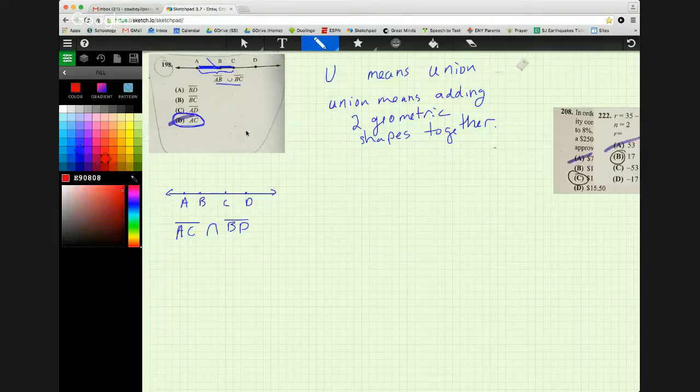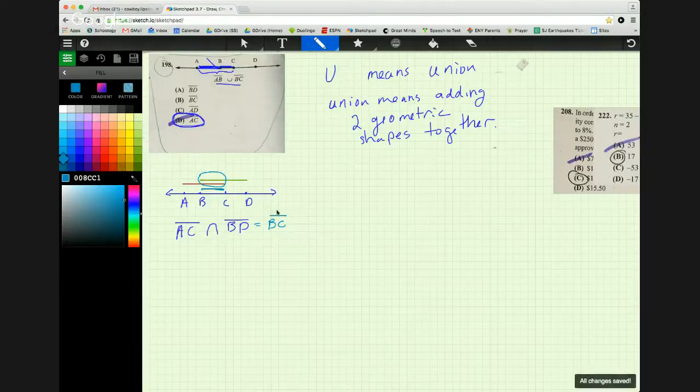So if I took line AC and I intersect it with line BD, what is the common piece here? For those of you who can see, this is the common piece, this piece right here, because AC and BD share this common piece, and that goes from B to C. So AC intersect BD would equal this.